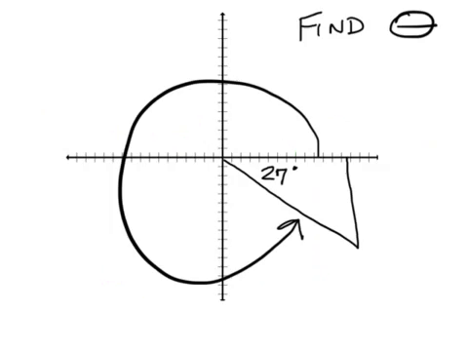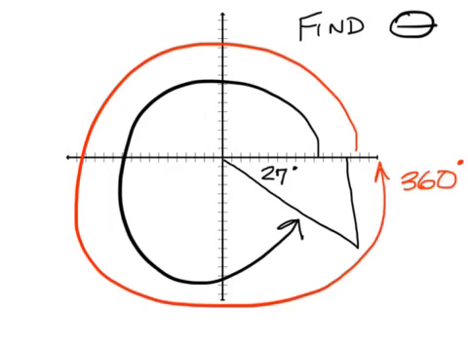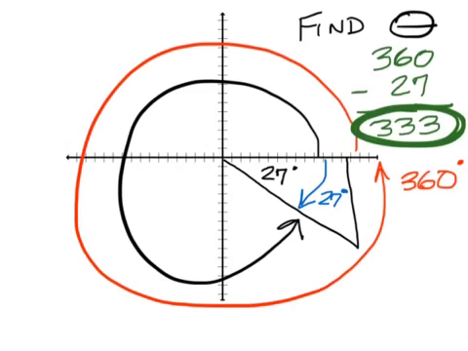Example for the fourth quadrant. We found 27 inside the triangle, but theta wraps all the way around to the hypotenuse of that triangle. So that's 360 degrees if you go all the way around. But we have 27 inside the triangle, so 360 minus 27 would be 333.